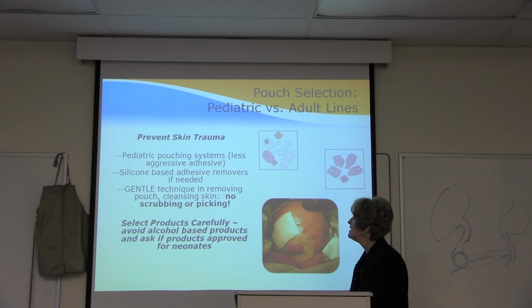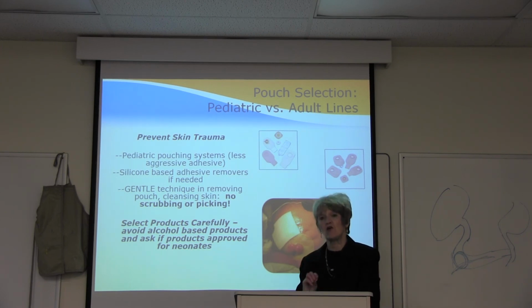So notice that. We now have silicone-based adhesive removers. In the past, some of us have used petroleum-based adhesive removers. Then you have to try to get all the petroleum off the skin. Silicone-based adhesive removers are very skin-friendly and don't leave any kind of oily residue.